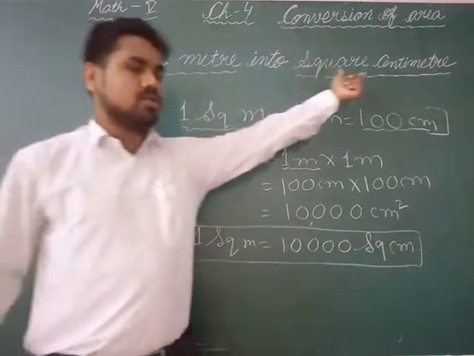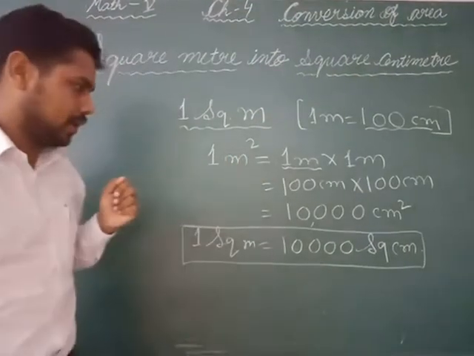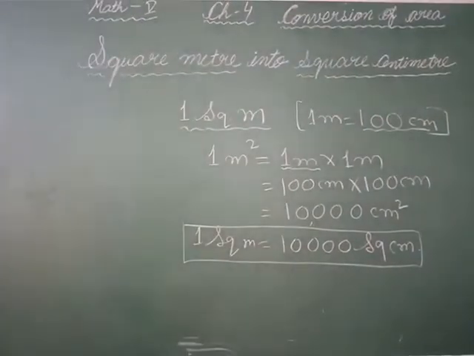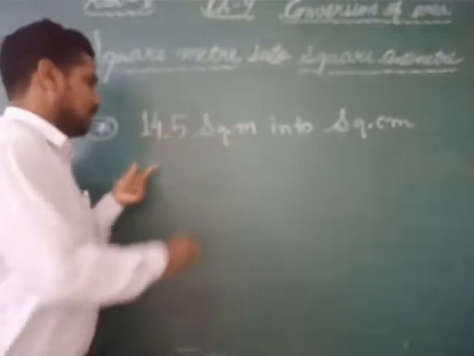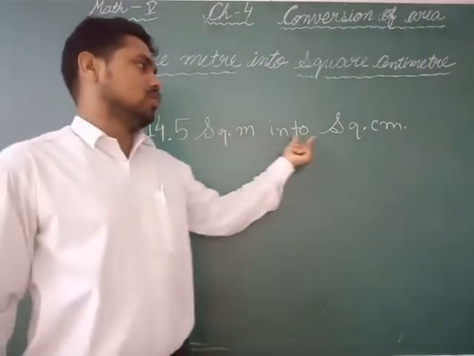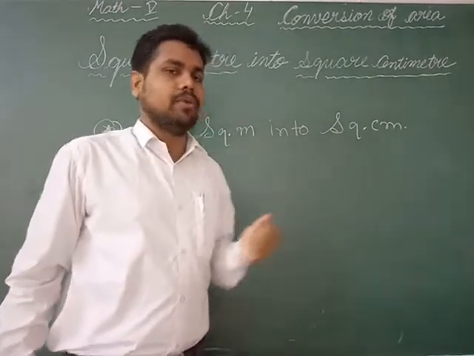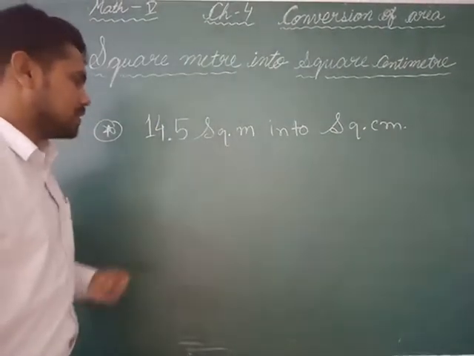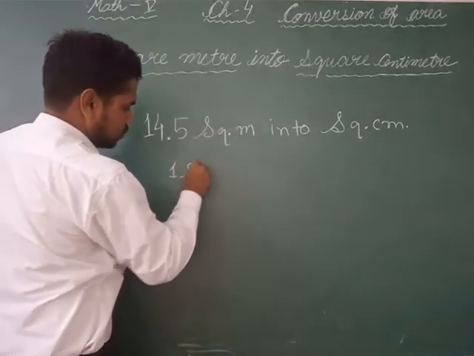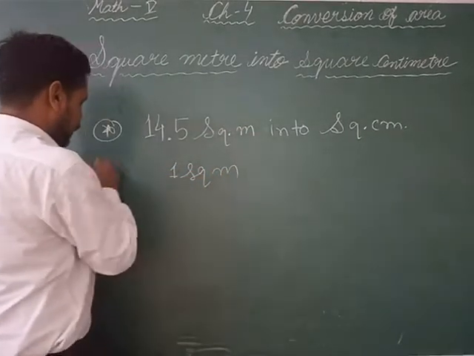So this is how you can convert square meter into square centimeter. Let's take an example: 14.5 square meter into square centimeter we have to convert. Here we will write in the solution.